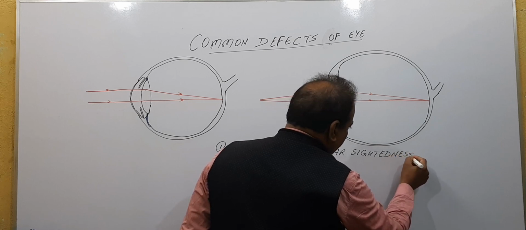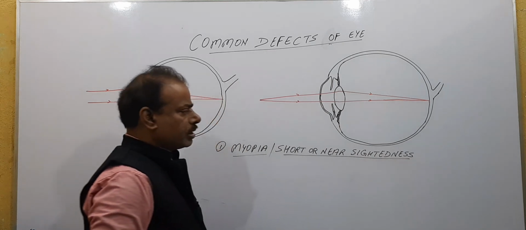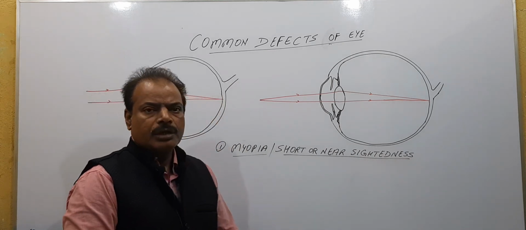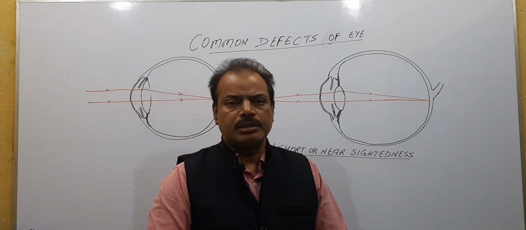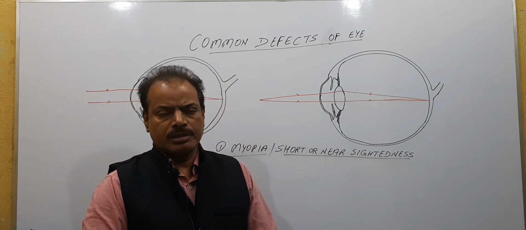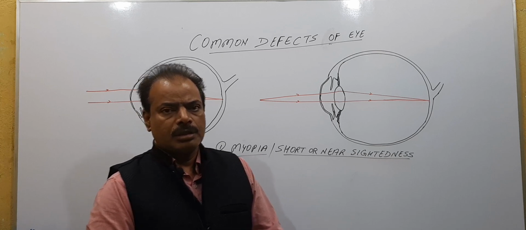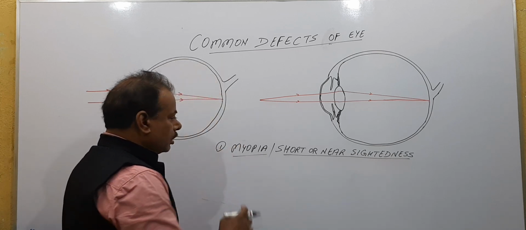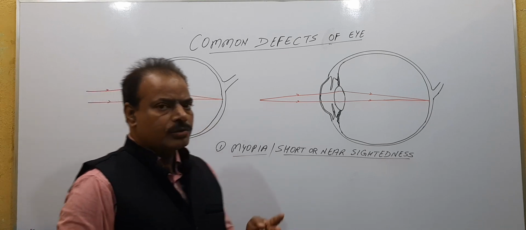So what do you mean by myopia or short-sightedness or nearsightedness? It is a defect in which a person can see near objects clearly but can't see far objects. What are the causes of myopia? There are two reasons.